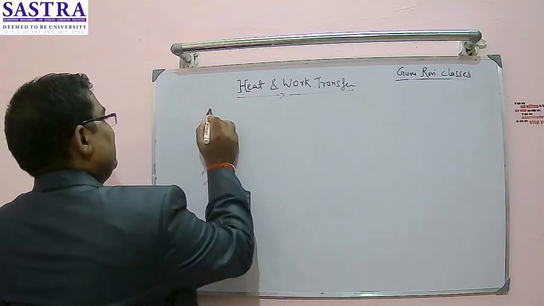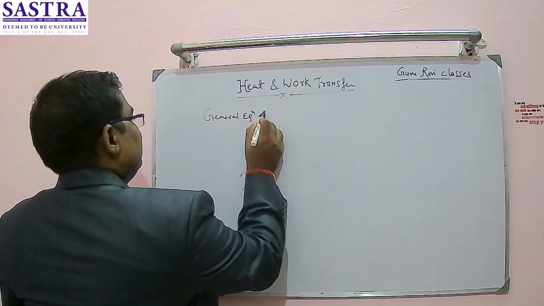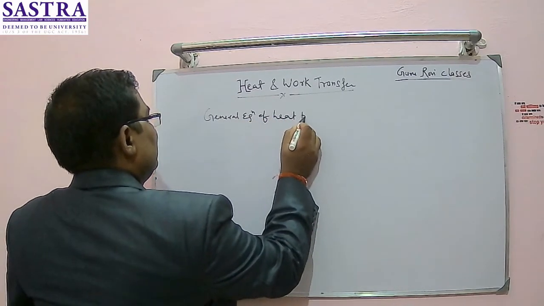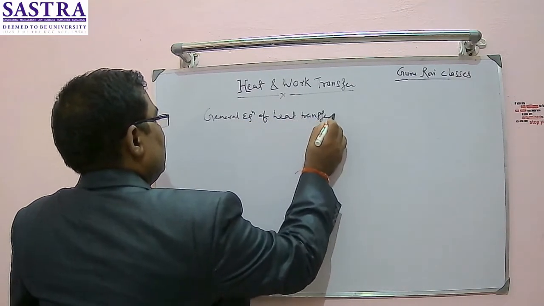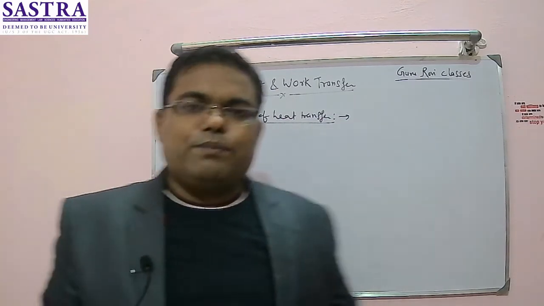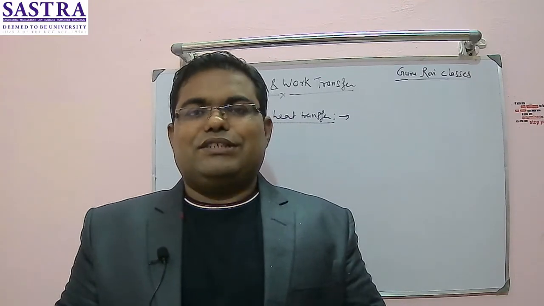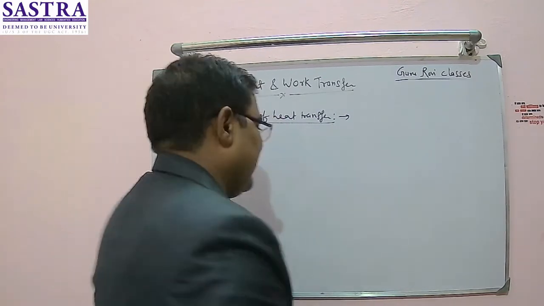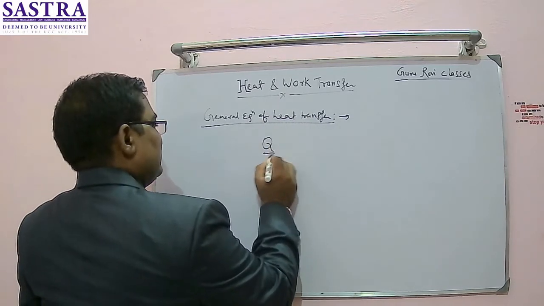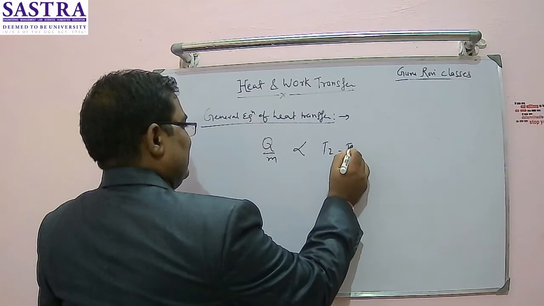If we look at the general equation of heat transfer, the heat transfer per unit mass is directly proportional to the temperature gradient, because a temperature gradient is needed to have heat transfer. So heat transfer per unit mass is directly proportional to the temperature difference T2 minus T1.